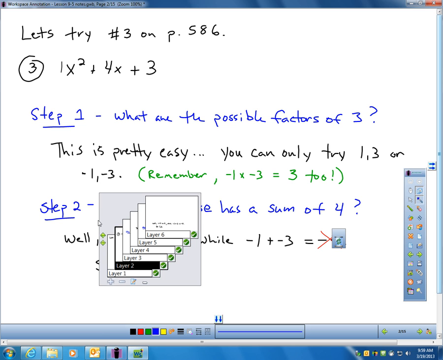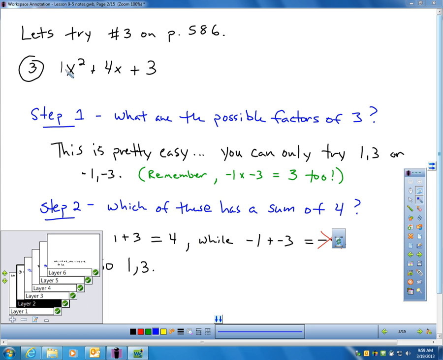So that's all we have to do to factor a trinomial when the lead coefficient is a 1. Just ask yourself, well, I know my first term is x times x. All I need to figure out is the two numbers that go here, and I do that by taking what times what is 3, and those same two numbers have to add up to the middle term. In this case, it's 1 and 3, as I just showed you here.